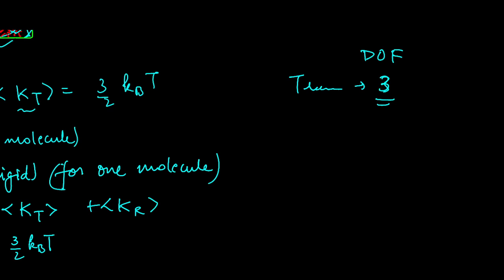So for each it is half kBT, the Equipartition Law from before. So for 3 degrees of freedom it is 3 into 1/2 kBT. Is this clear? Half for the first, half again for the second, half for the third, so 3/2 kBT.